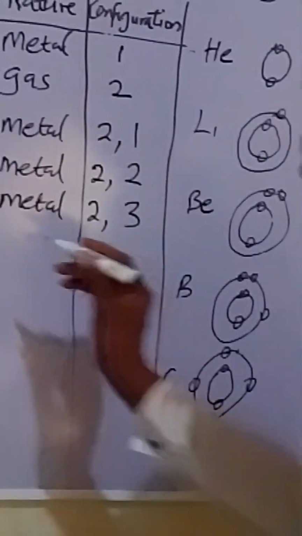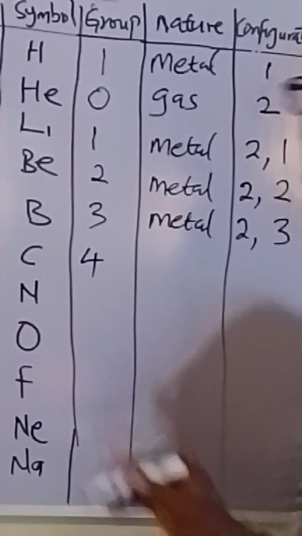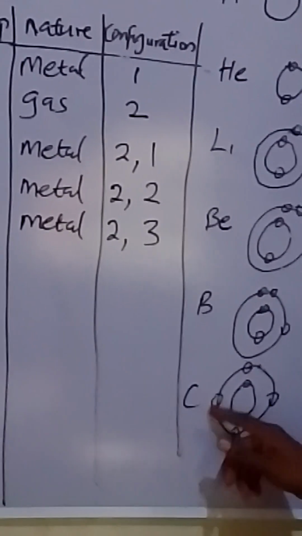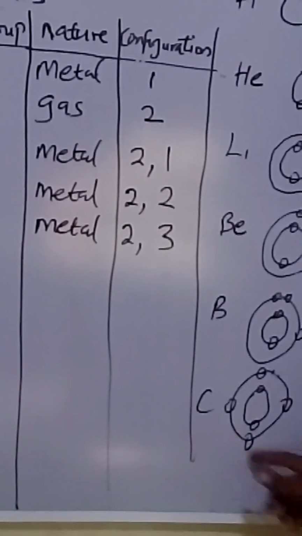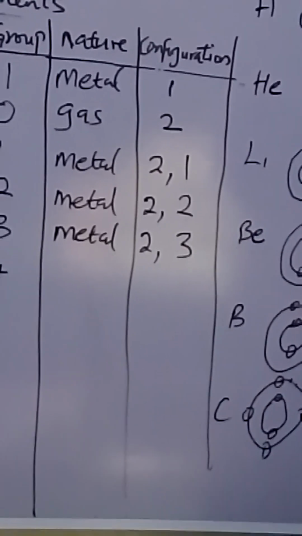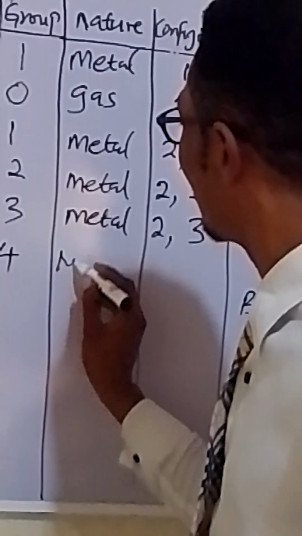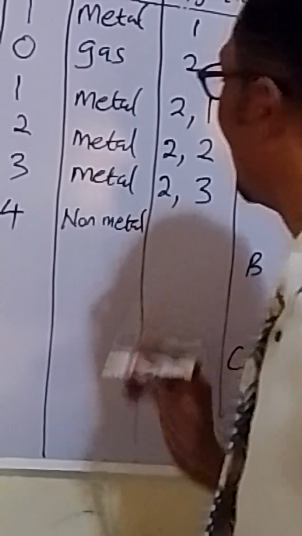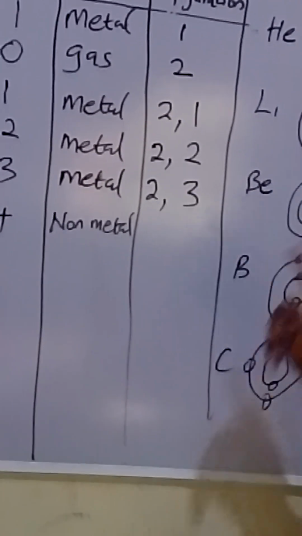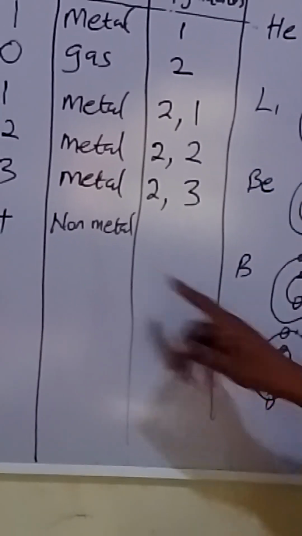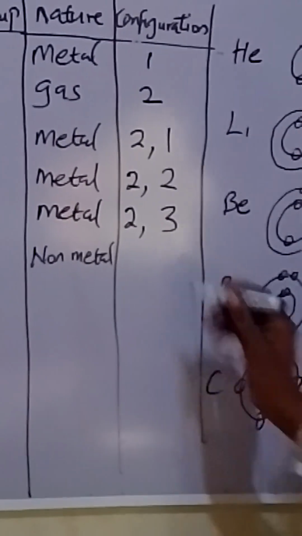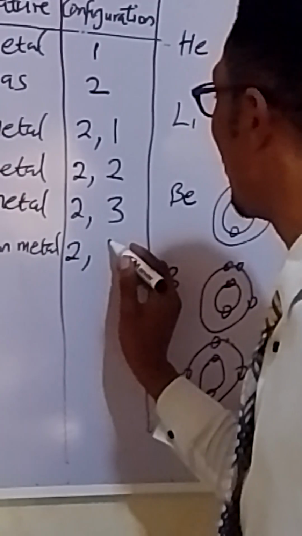So it belongs to group 4 in the periodic table, because it has 1, 2, 3, 4 electrons in the outermost shell. And it is a non-metal. Remember, it will be a metal if it is 1, 2, or 3. So since it is 4, it's a non-metal. And the configuration is 2, 4.